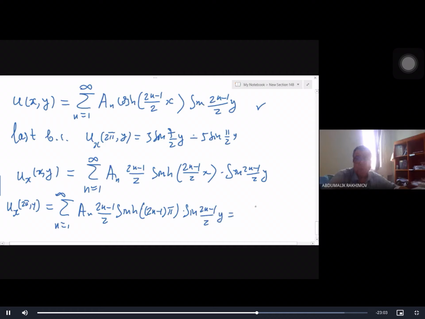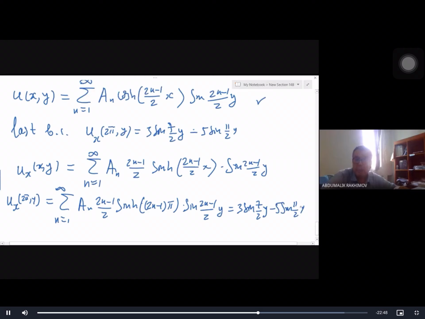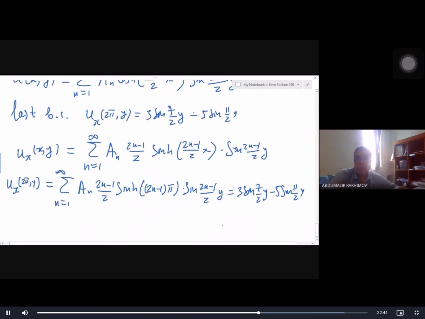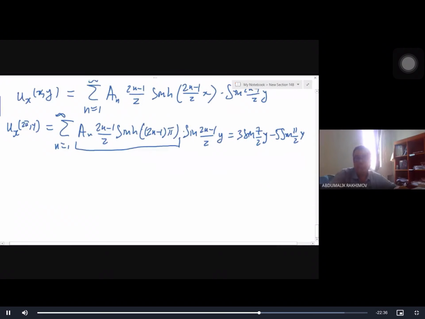This should be equal, according to the boundary condition, to 3 times sine (7 over 2 y) minus 5 times sine (11 over 2 y). So these numbers must be Fourier coefficients of the function on the right side.